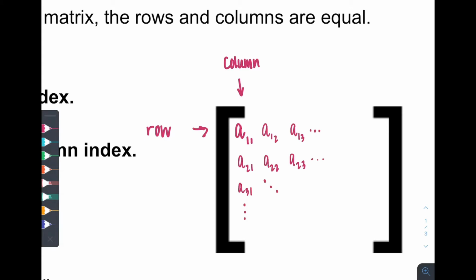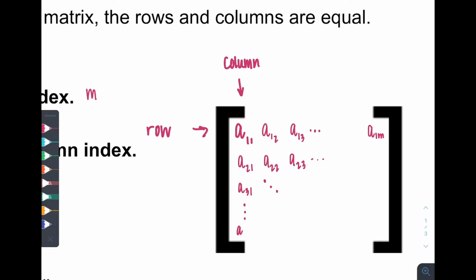So we indicate our row as m and our column as n. Oh wait, no, did I do that right? I messed it up.